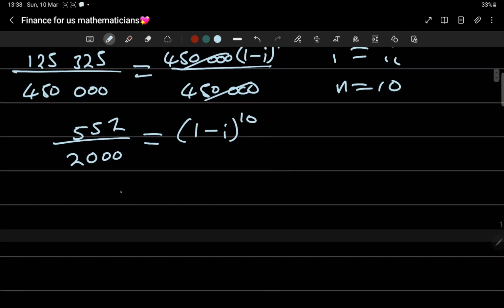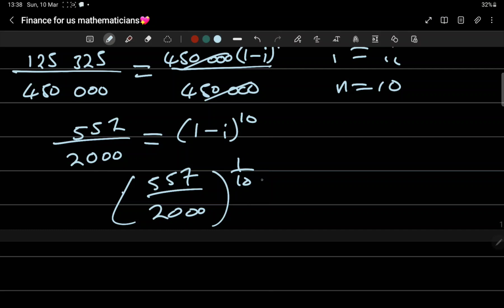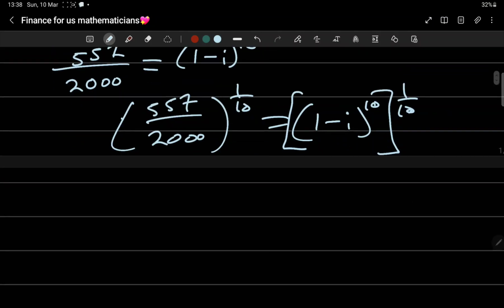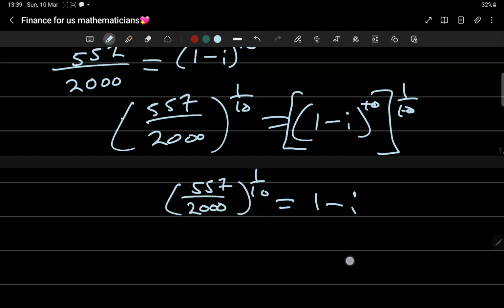Let's raise both sides to the exponent of 1 over 10. These are the laws of exponents. You can go and revise your laws of exponents in case you forgot them. So 1 minus I to the 10, raised to 1 over 10, cancels, and we have 1 minus I equals the fraction to the power 1 over 10.